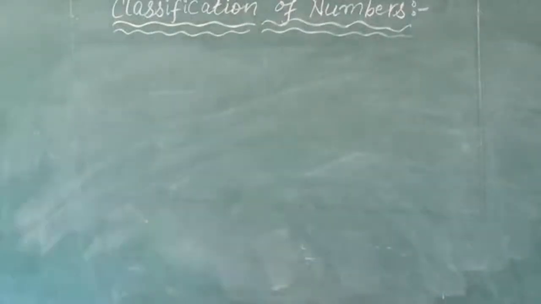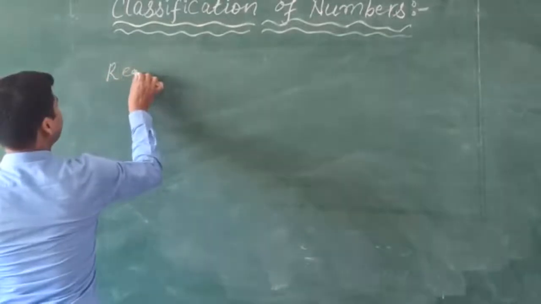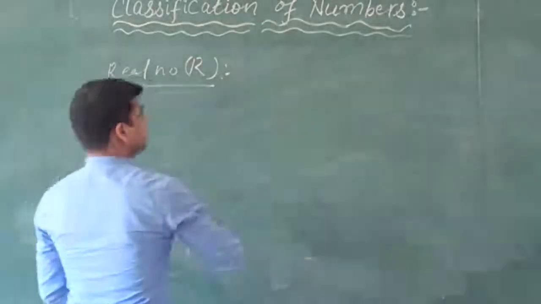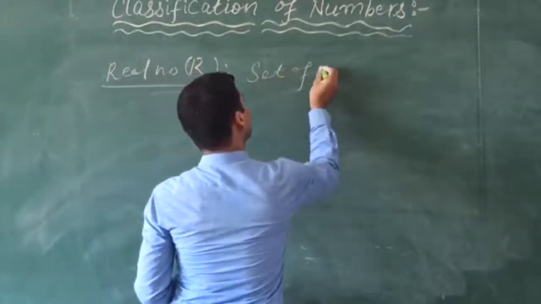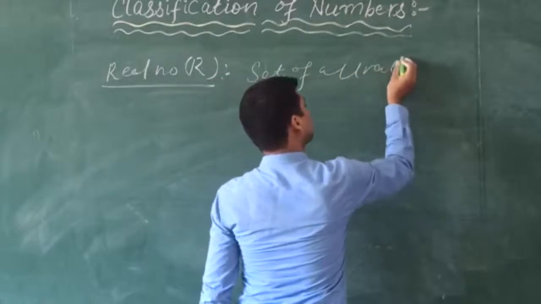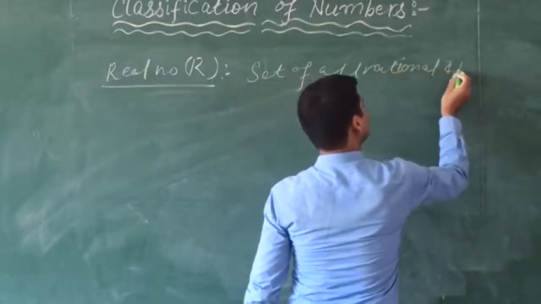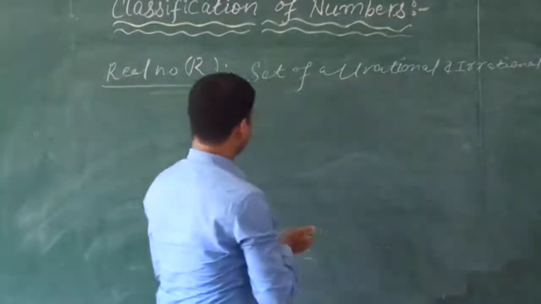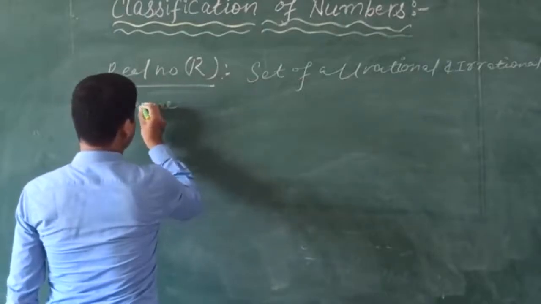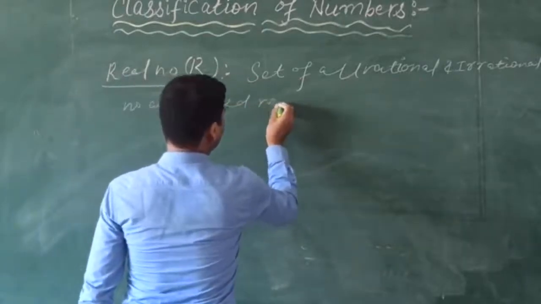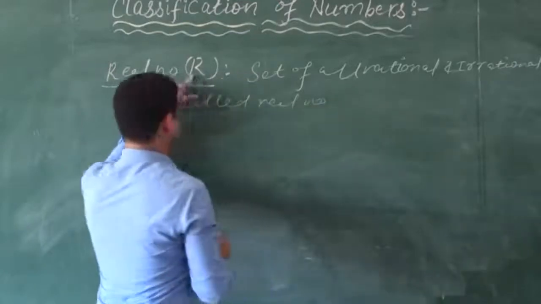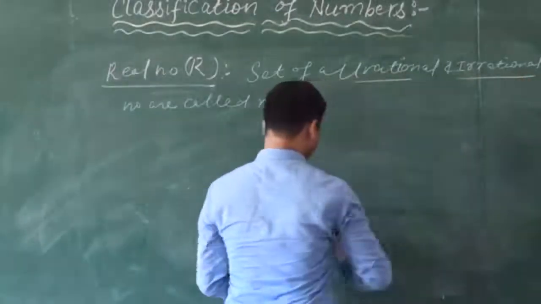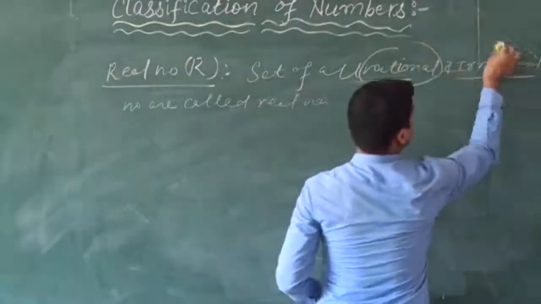What is called a real number? A real number is denoted by capital R. So what is a real number? The set of all rational and irrational numbers is called the real numbers, and it is denoted by capital R. This is very important.